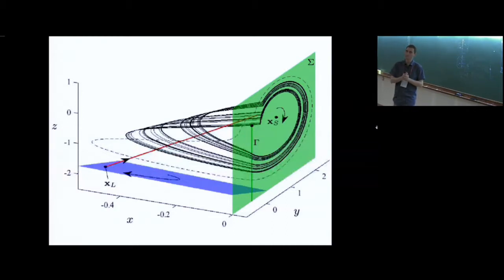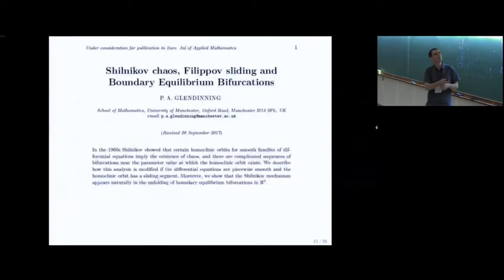And from the smooth theory developed in the 60s by Shilnikov, he established all sorts of nice results regarding chaos associated with Shilnikov homoclinic orbits. Okay, so I think that's enough on that example. If you want to learn more about that sort of thing, there's a nice paper by Paul quite recently, Shilnikov chaos in boundary equilibrium bifurcations.